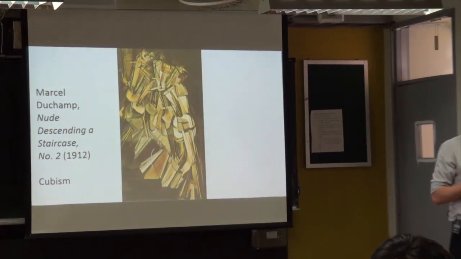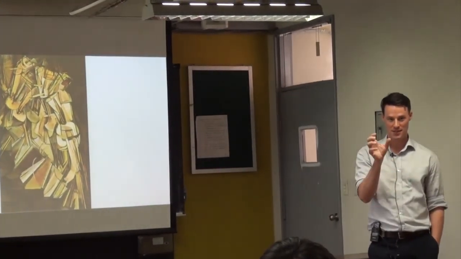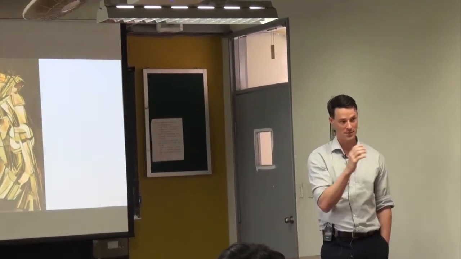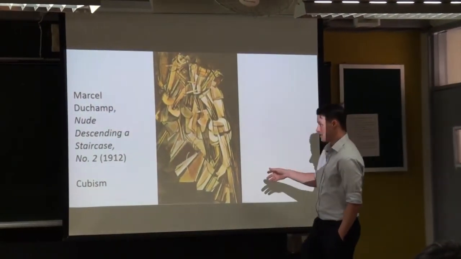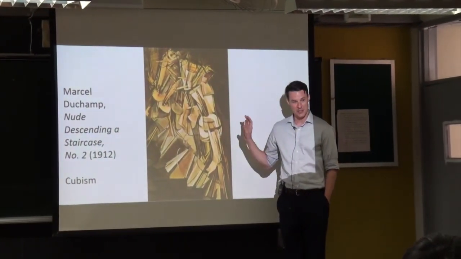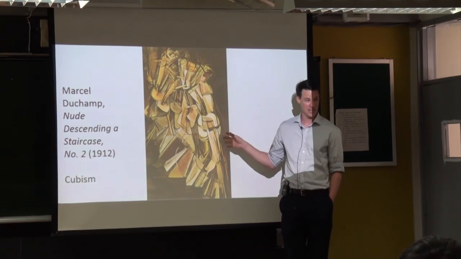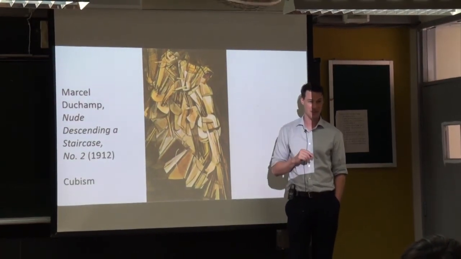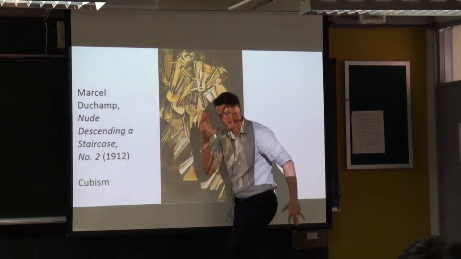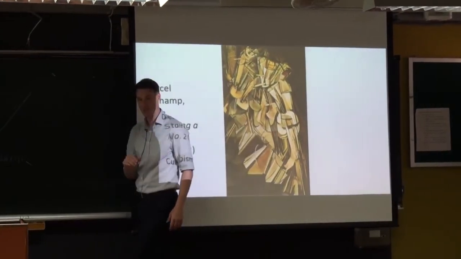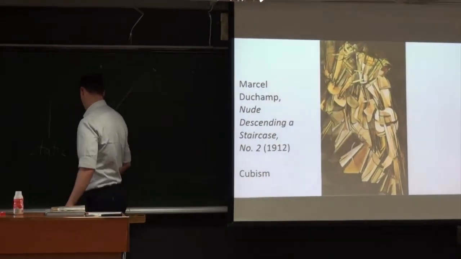Now it's all digital. They don't use individual photos taken together. But Marcel Duchamp is doing just what motion pictures were doing around the same time, showing you different parts moving together simultaneously. Good.